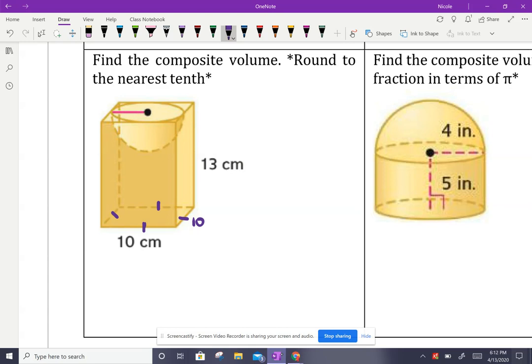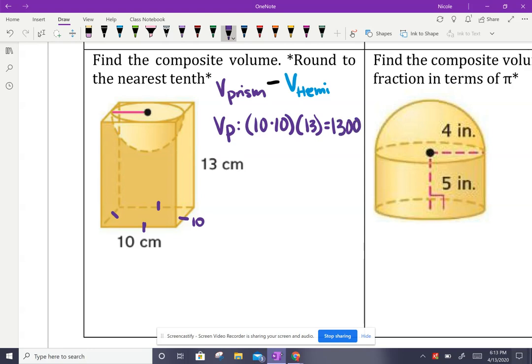So we're going to take the volume of the prism and subtract out the volume of a hemisphere. For our prism, we take the base, which is 10 times 10, times the height, which is 13, and that gives me 1,300 centimeters cubed.